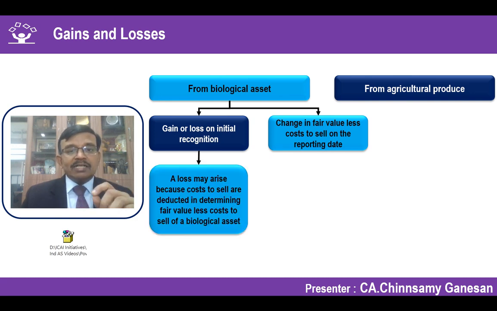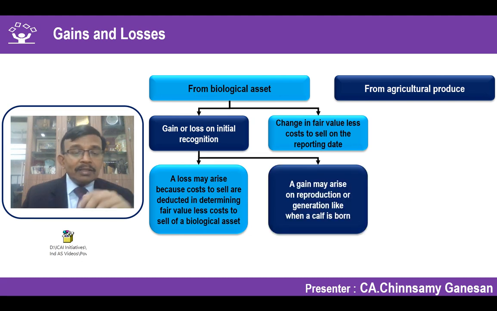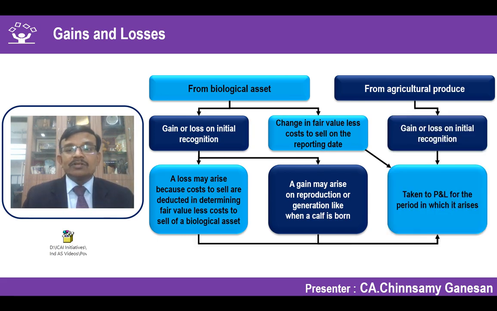Suppose a gain on initial recognition, because of the transaction cost which you have seen, maybe a gain will start because a new calf has been born at the time of initial recognition itself. You don't have a cost, but you have a biological asset. Similarly, when the change in fair value less cost to sell happens, the entire thing should go to the P&L account in the period in which it arises.